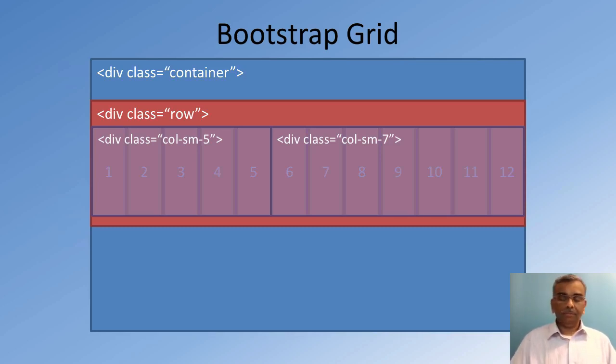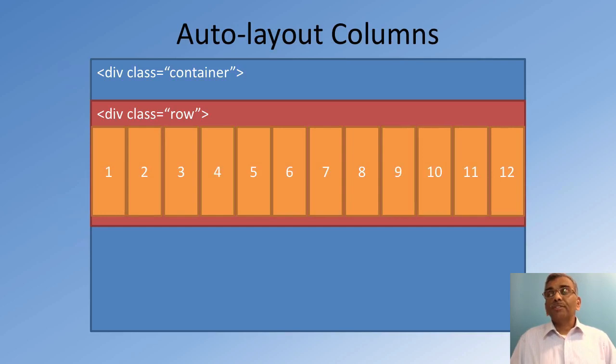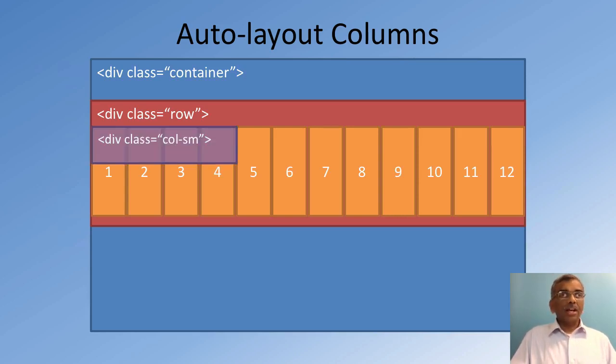With the use of the CSS Flexbox layout, Bootstrap also supports what are called auto layout columns. So in this case, I can simply specify column SM without specifying how many columns it is supposed to occupy.